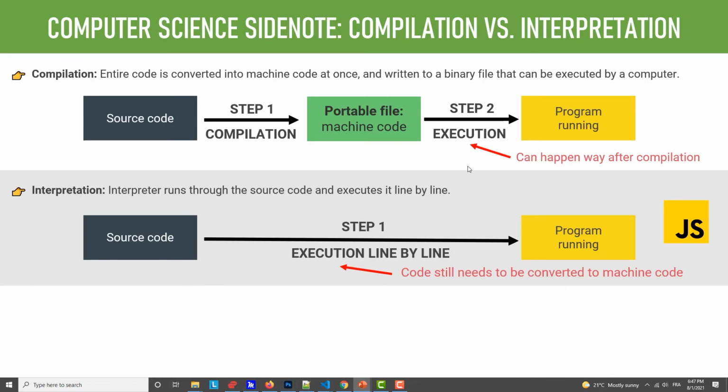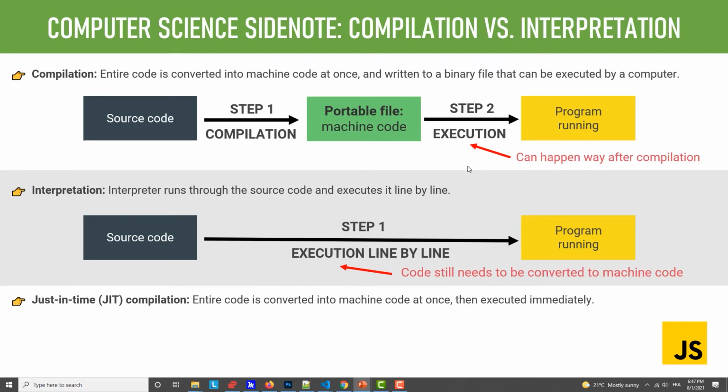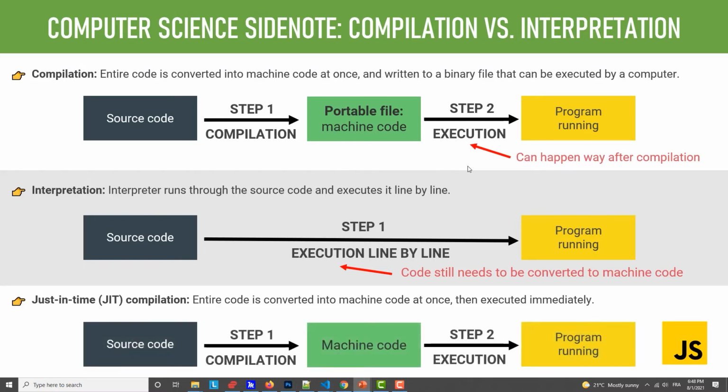Now, many people still think that JavaScript is an interpreted language, but that's not really true anymore. So instead of simple interpretation, modern JavaScript engines now use a mix between compilation and interpretation, which is called just-in-time compilation. This approach basically compiles the entire code into machine code at once and then executes it right away. So we still have two steps of regular ahead-of-time compilation, but there is no portable file to execute.